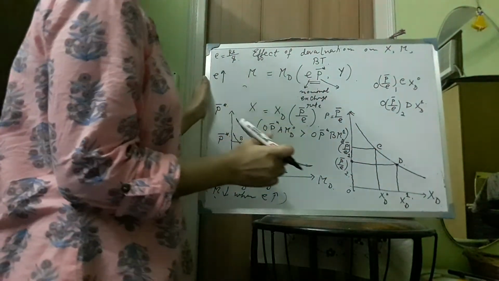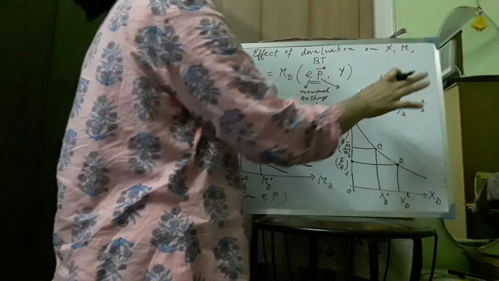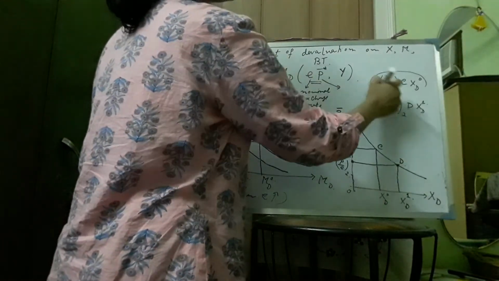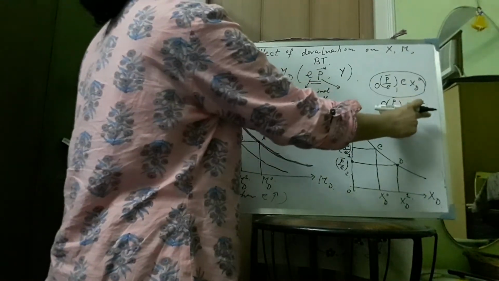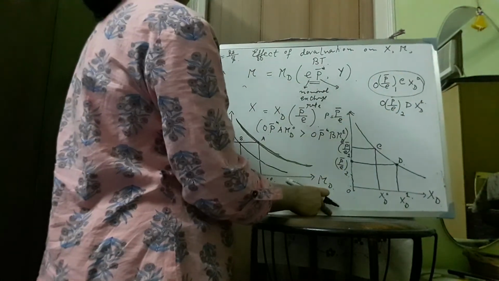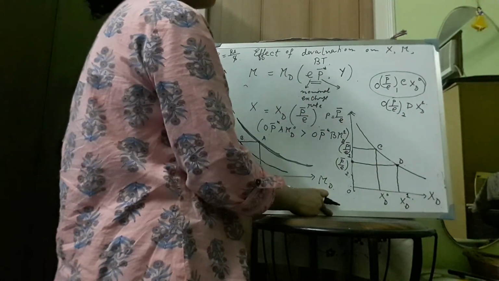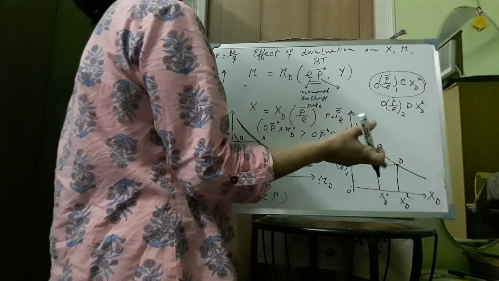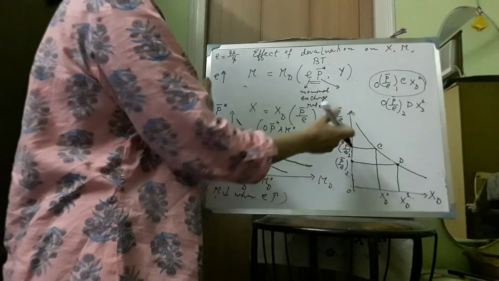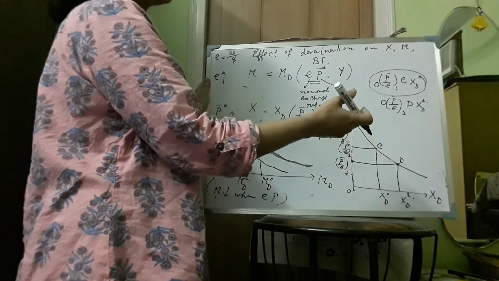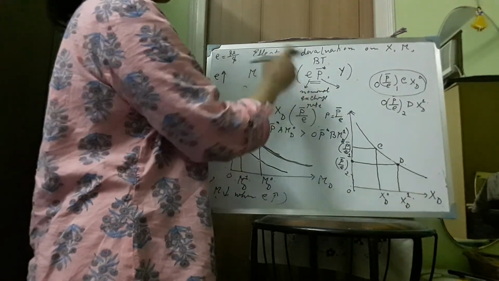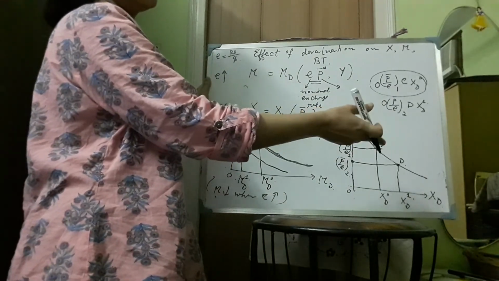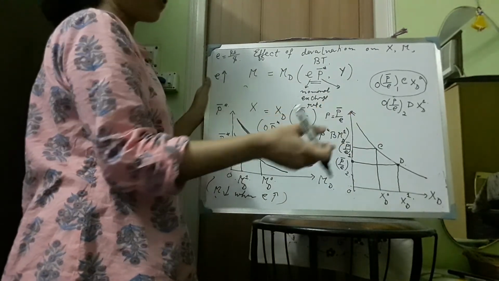Now we do not know which rectangular area is greater. If the area of this rectangle is greater than this, then we can say that the export volume is falling. But if this is less than this, then export volume is rising. So we are not sure about the effect of devaluation on the export demand.